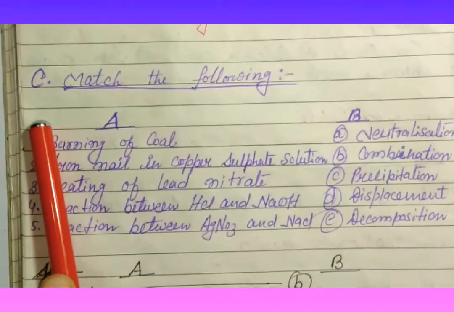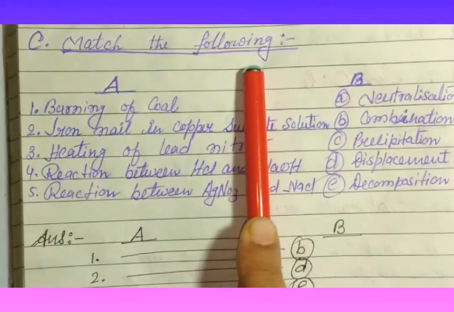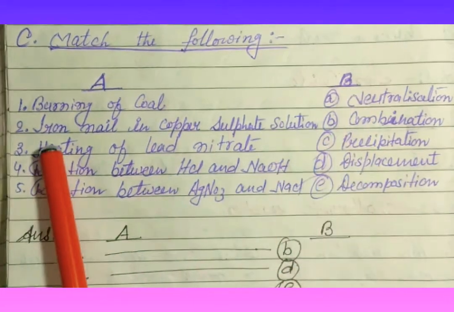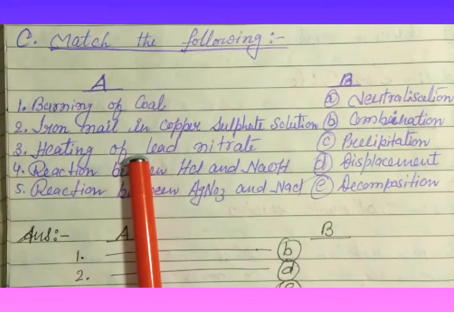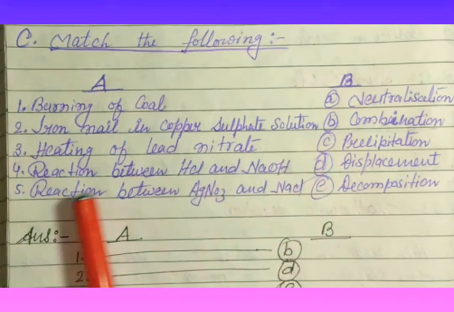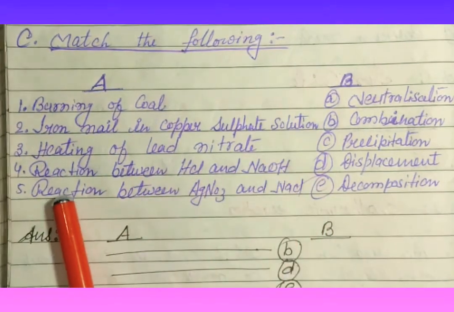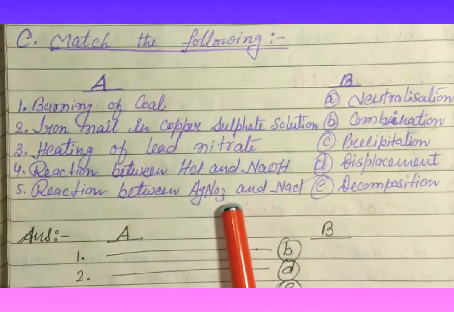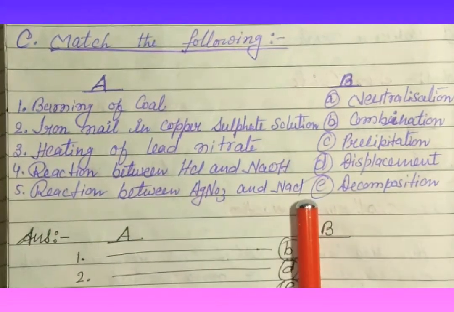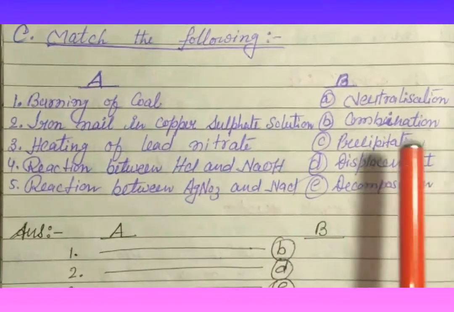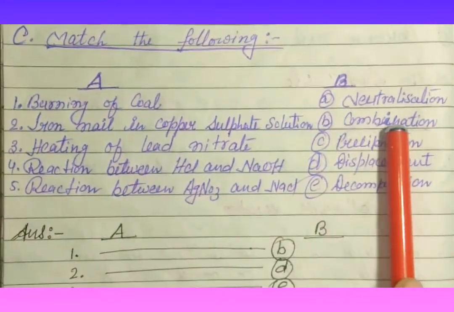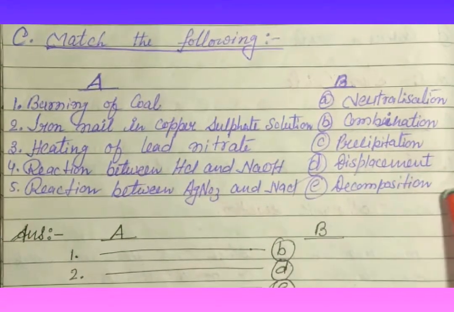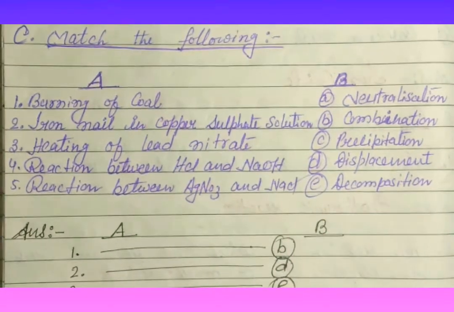Now the next, match the following. Column A: burning of coal, iron nail in copper sulfate solution, heating of lead nitrate, reaction between hydrochloric acid and sodium hydroxide, reaction between silver nitrate and sodium chloride. Column B: A, neutralization, B, combination, C, precipitation, D, displacement, E, decomposition.